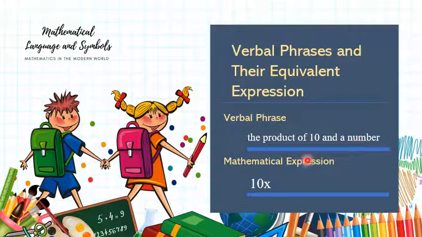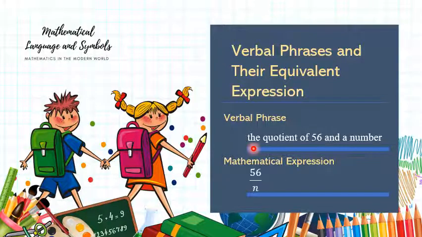So we choose x, and therefore that can be written as 10x, because you have the ability to not write anything between a number and a variable, which would mean multiplication. So 10x means 10 times a number.